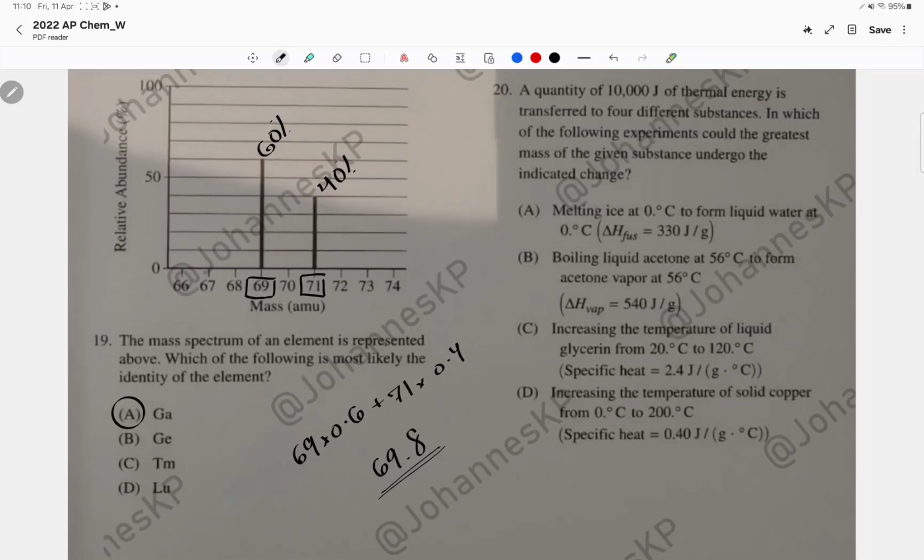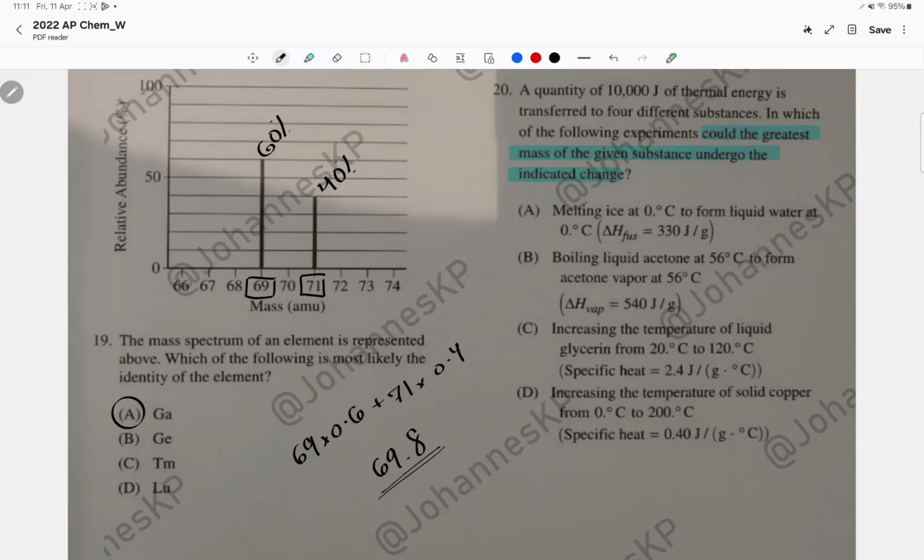Okay. You want to have the greatest mass to undergo the indicated change. You know what that means? You must find the mass 4 different times. And you would hope your choice is up there in the beginning, at least. Ready?